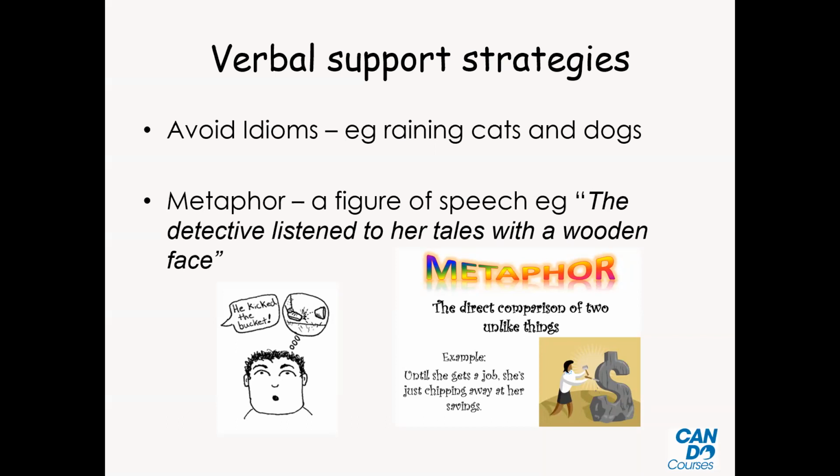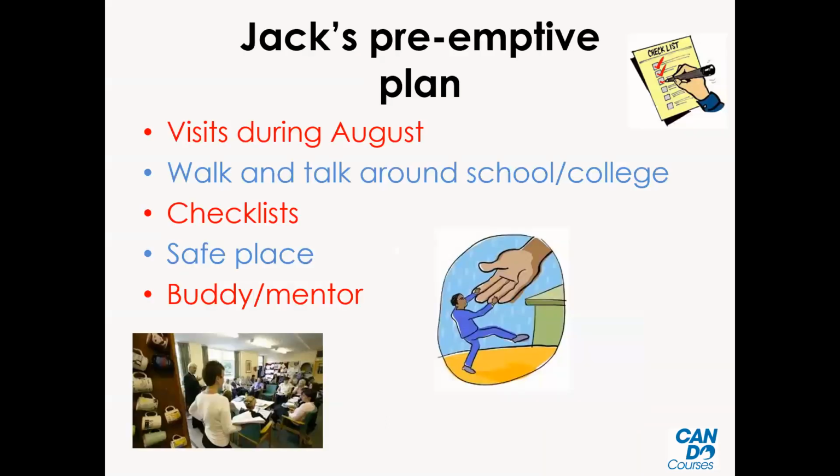And I've just got a preemptive plan here that we put together for one of my students. This was in line with discussions with him. He was coming to a 14 to 16 environment at college. Discussions with him, with his family and with the school about the things that would cause him to not be able to access our courses at college.